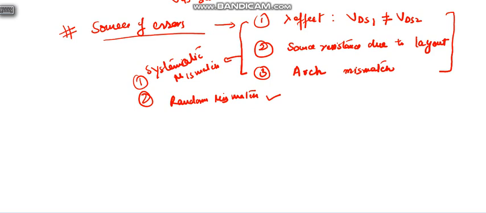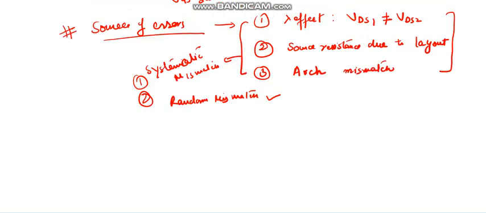Okay, so what is systematic mismatch? We will see one by one. The first one is the lambda effect, or VDS1 not equal to VDS2.